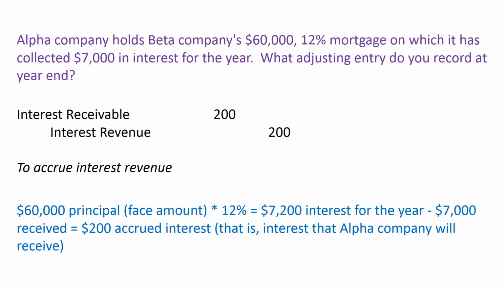Alpha Company is entitled to $7,200 in interest for the year. To compute, $60,000 principal or face amount times 12% equals $7,200 interest for the year minus $7,000 received equals $200 accrued interest. That is, interest that Alpha Company will receive.